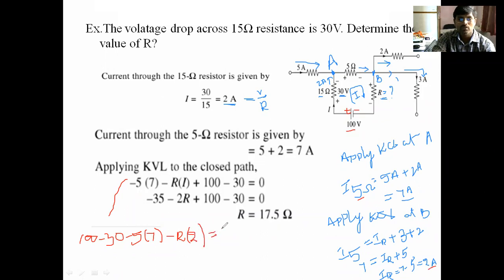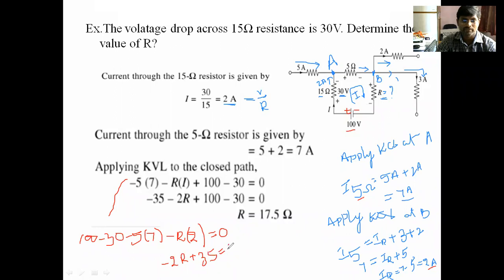So this is equal to 0. From this we can get 30, minus 100, minus 30, that is minus 70, plus 70 minus 35, minus 2R plus 35 is equal to 0.